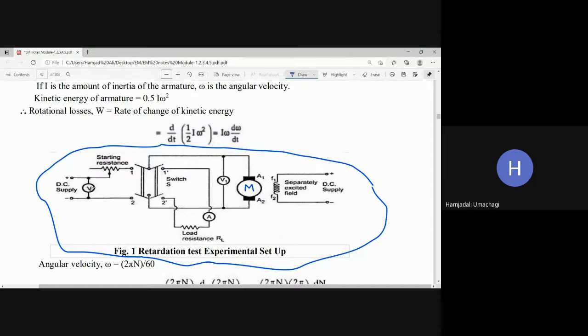Input supply is DC, and this is the voltmeter V which reads the input voltage, and V1 reads the back EMF of the motor, and the field is separately excited with a positive negative DC supply. And this switch 1 dash 2 dash is the load resistance, a purely resistive, non-inductive load. The function of this we will see later on. So this is the circuit diagram for retardation test.